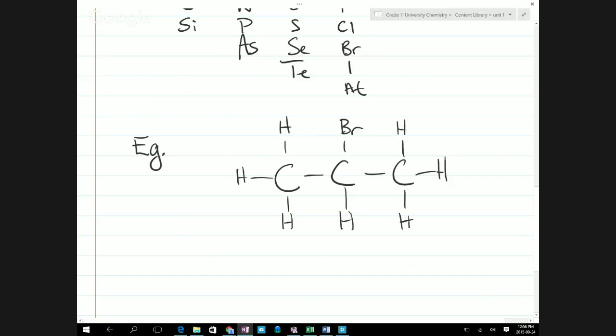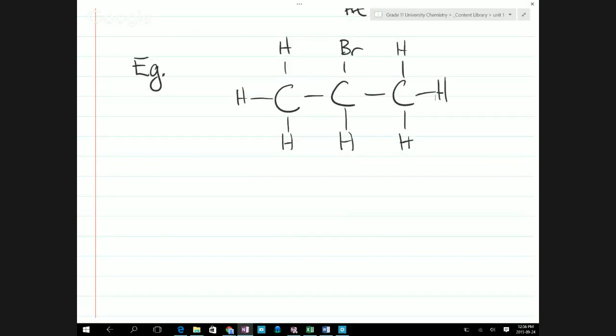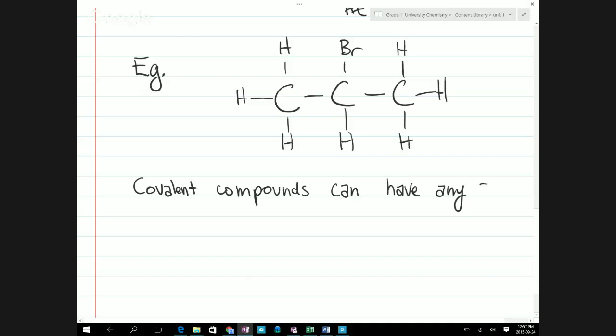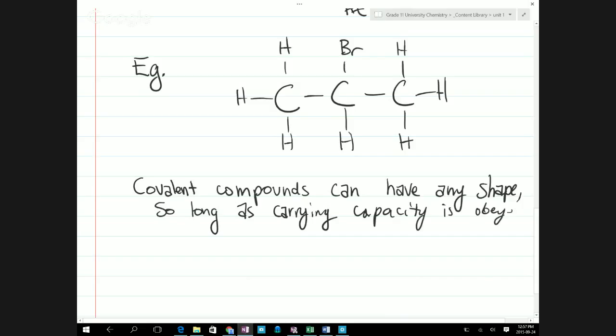We can put all kinds of different combinations together. All right, these things can have any shape.